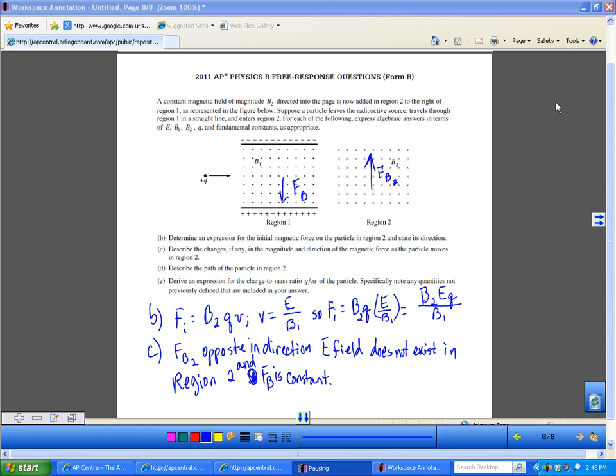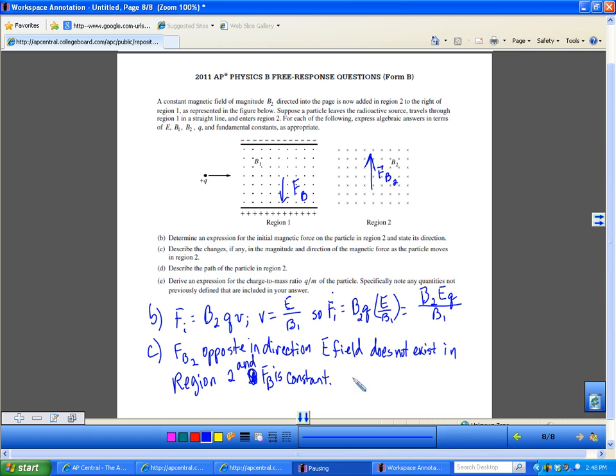Okay, got interrupted, not real sure where I am, but we're going to figure it out. So I said the force was opposite because the field was opposite. I had no electric field there. And I said that region 2 had a constant magnetic field.